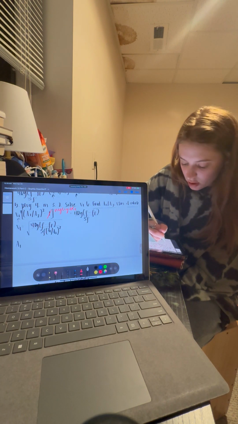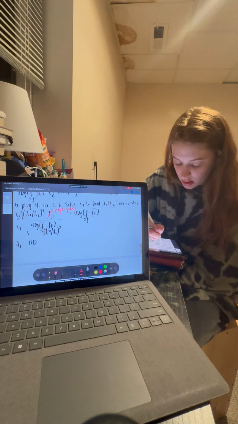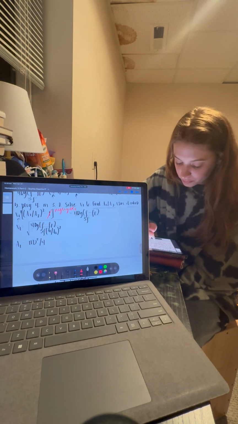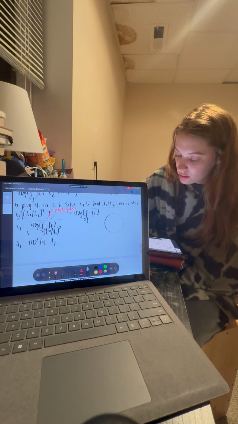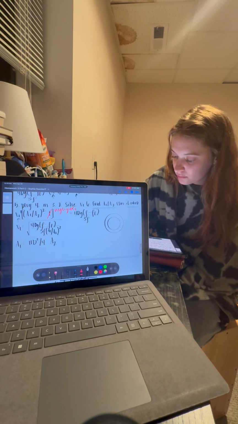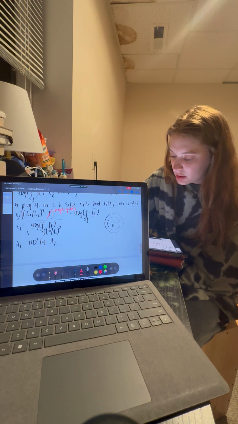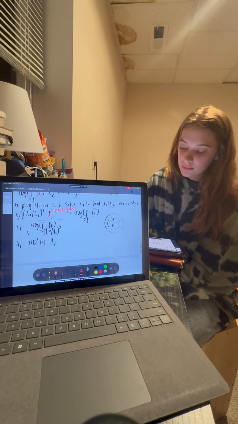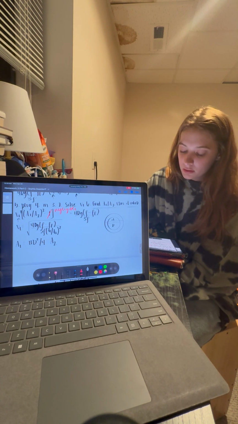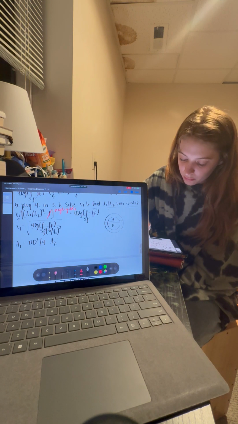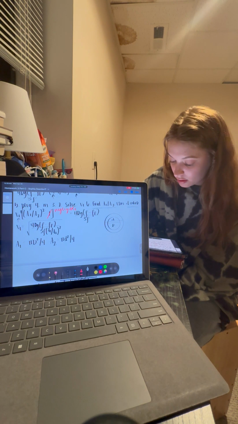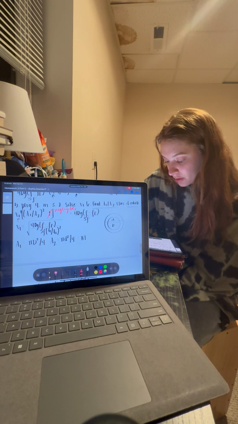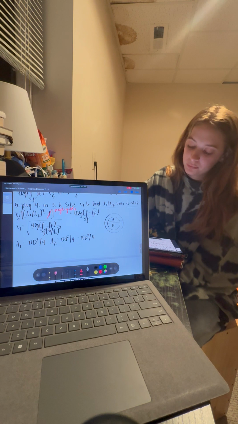So we know that our A1 is pi d squared over 4. And for our area 2, we can get a better understanding if we draw a picture. This is big D, and then this is little d. So our A2 is going to be pi D squared over 4 minus pi d squared over 4.